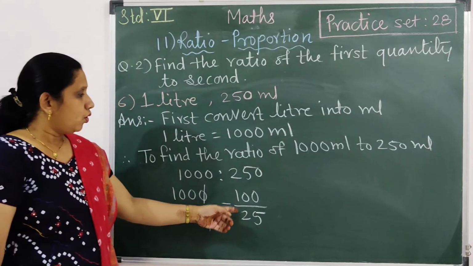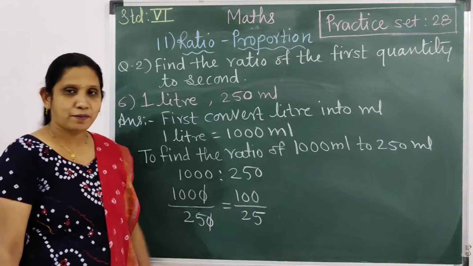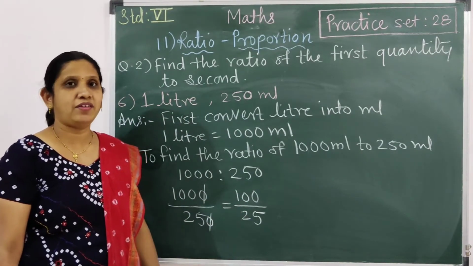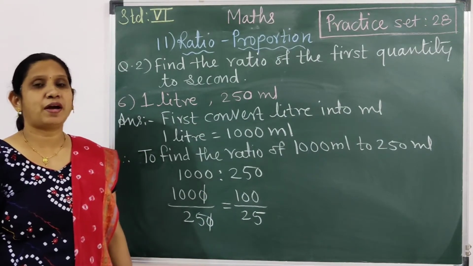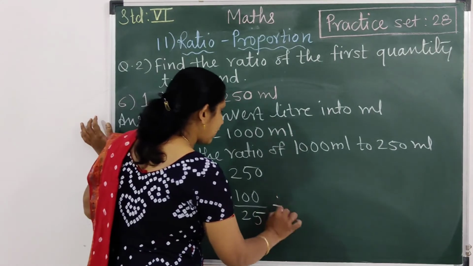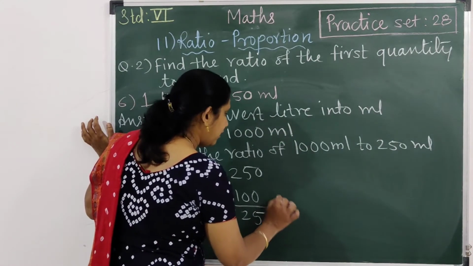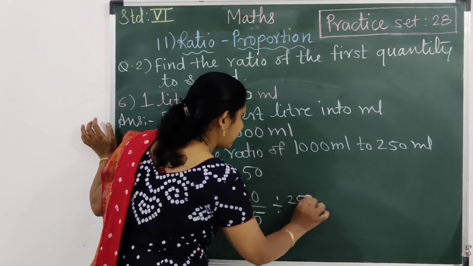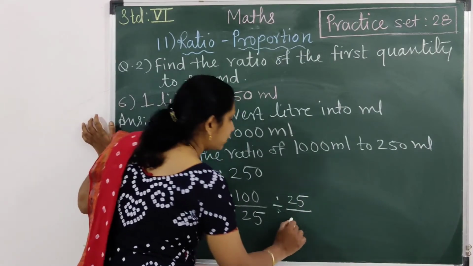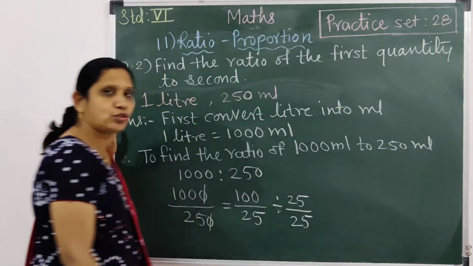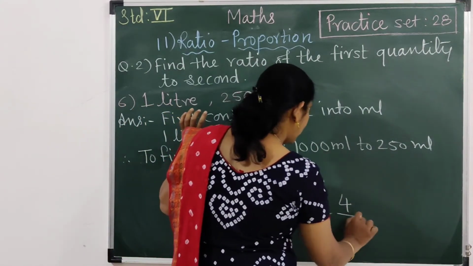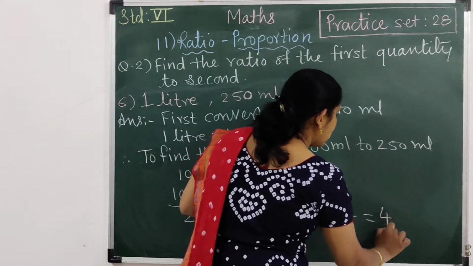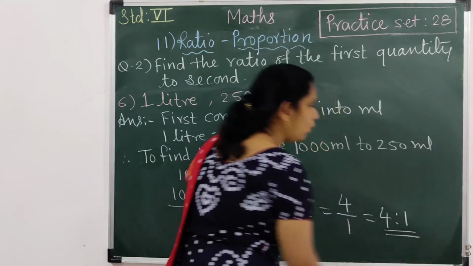Now of course 0 and 5 number is divisible by 5, it is understood, but it is equally divisible by 25 also. So we'll divide both the numbers by 25. So divide in the numerator by 25, in the denominator also by 25. 25 4s are 100, 25 1s are 25. So what is the answer? 4:1.